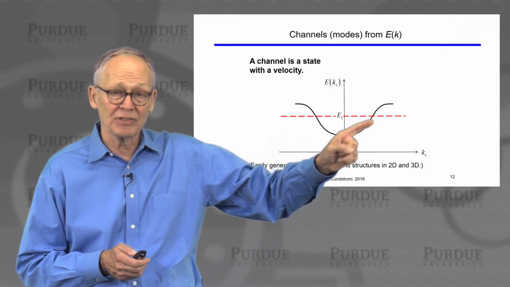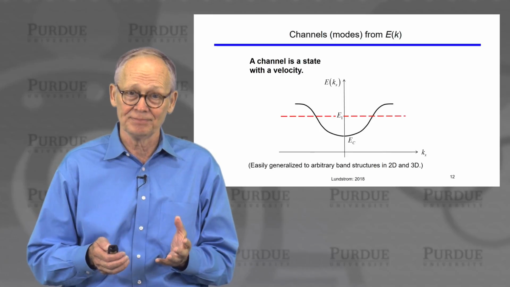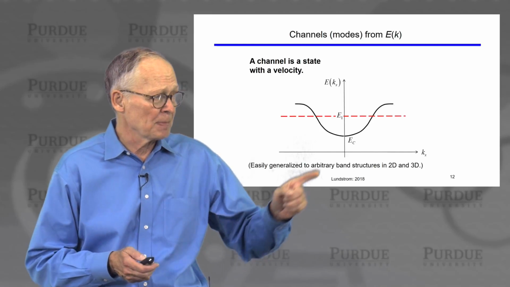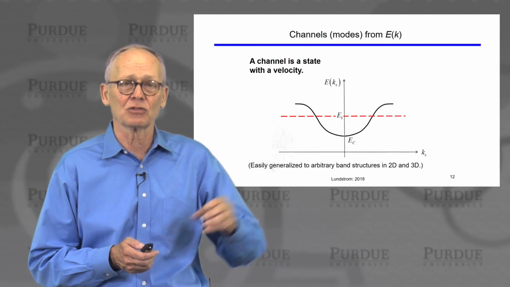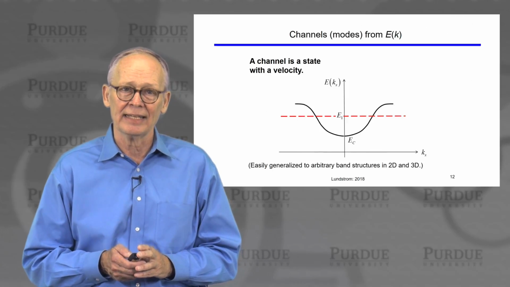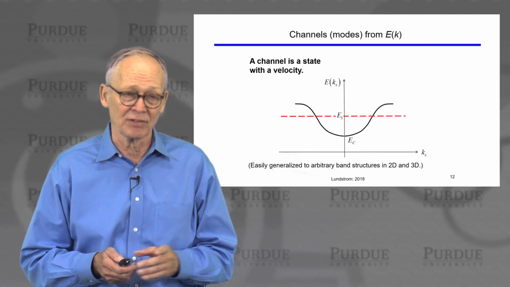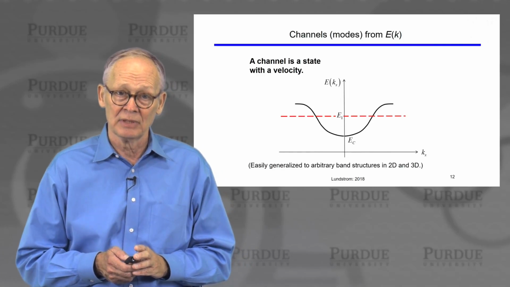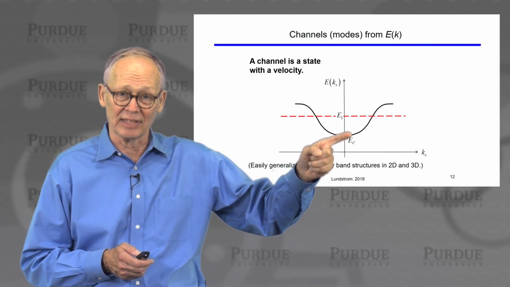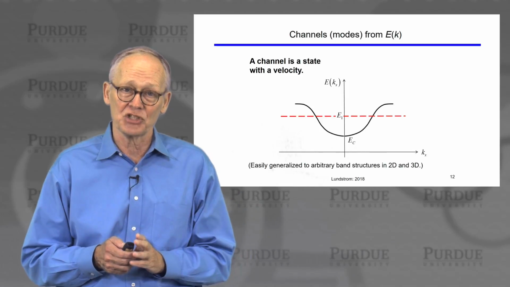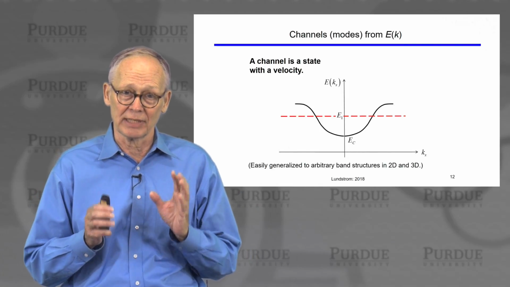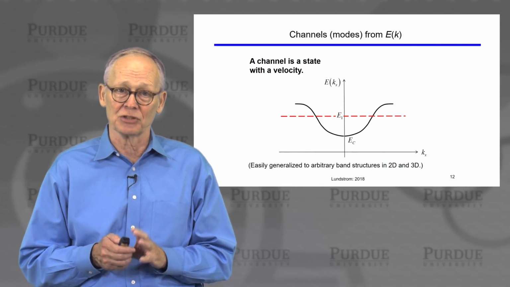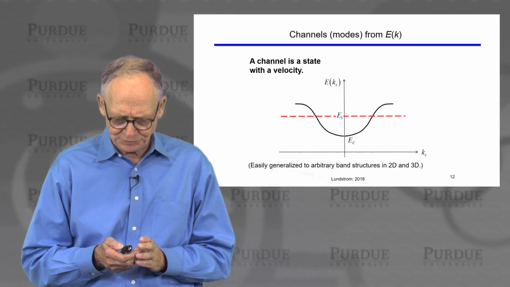Well, I can see that I have a state at energy E1, so there may be a channel there. I also remember that the slope of E versus k is proportional to the velocity of an electron. I have a velocity in the plus x direction, so I have a state with a velocity. I have 1 channel for electron flow in this 1-dimensional band structure.